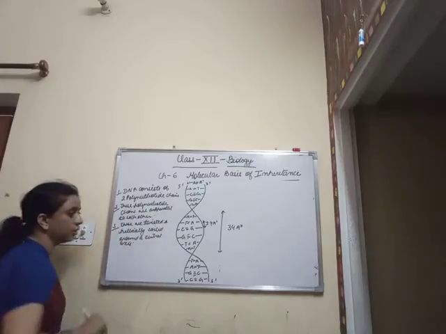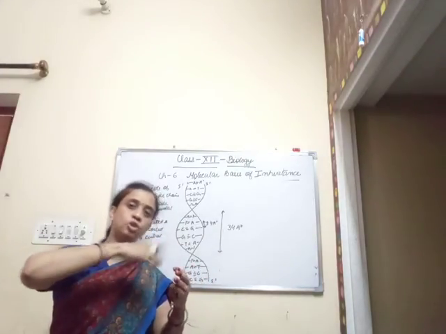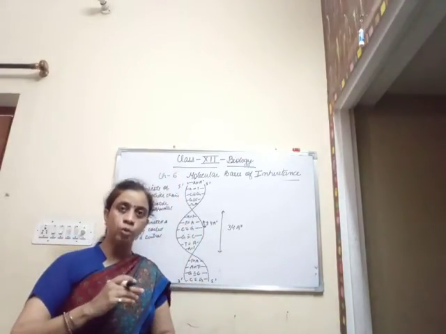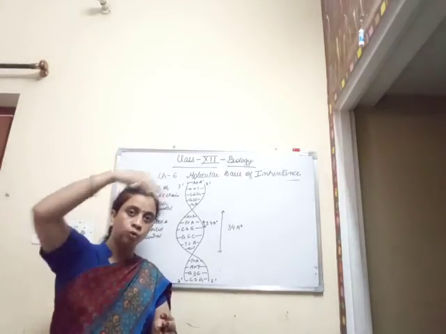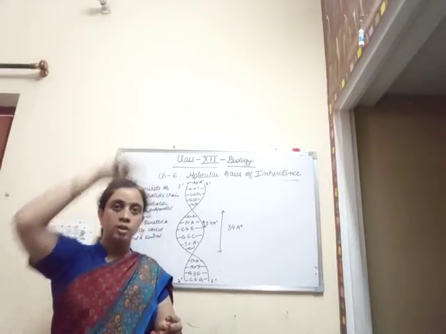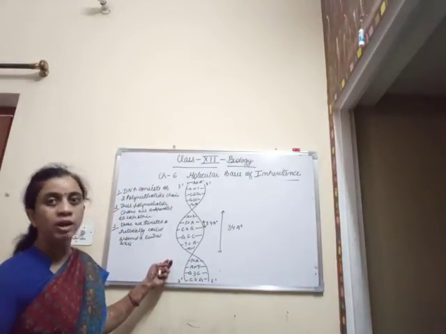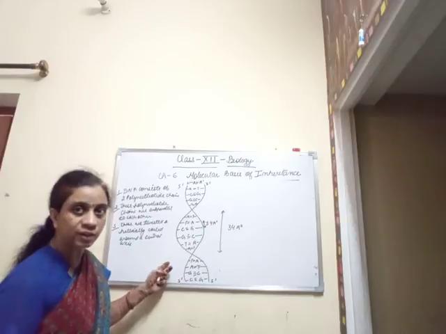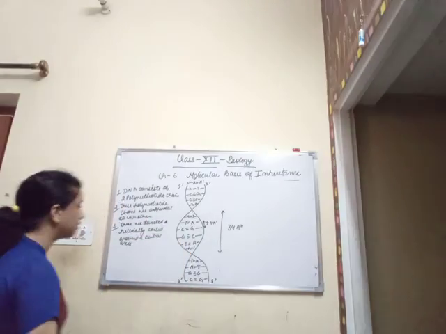As you have seen the iron ladder outside the shops nowadays, there is one central support made up of metal, and the iron ladder is found twisting around it. In such a manner, the DNA molecule is also helically coiled around the central axis. Means it is twisted around its own central axis.